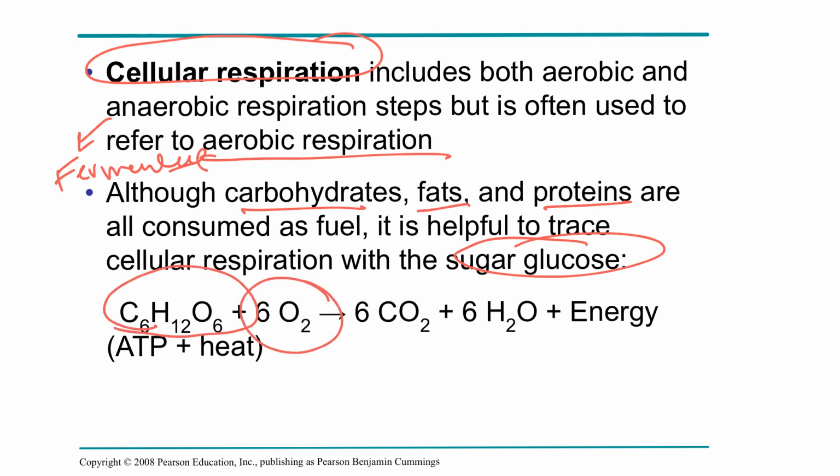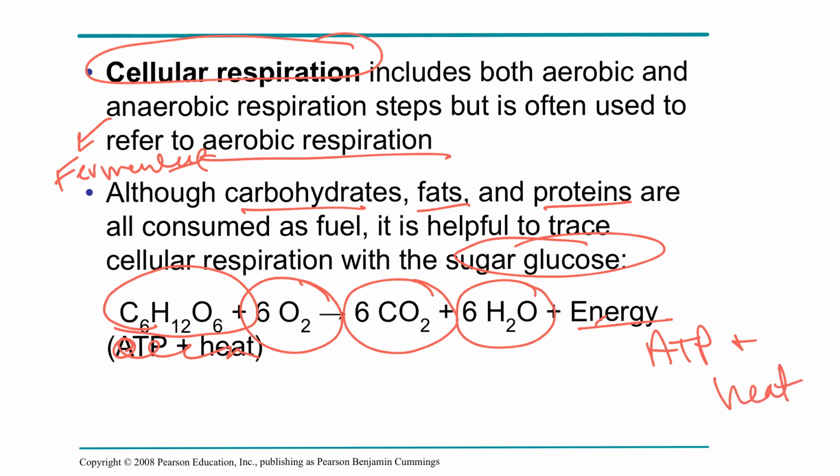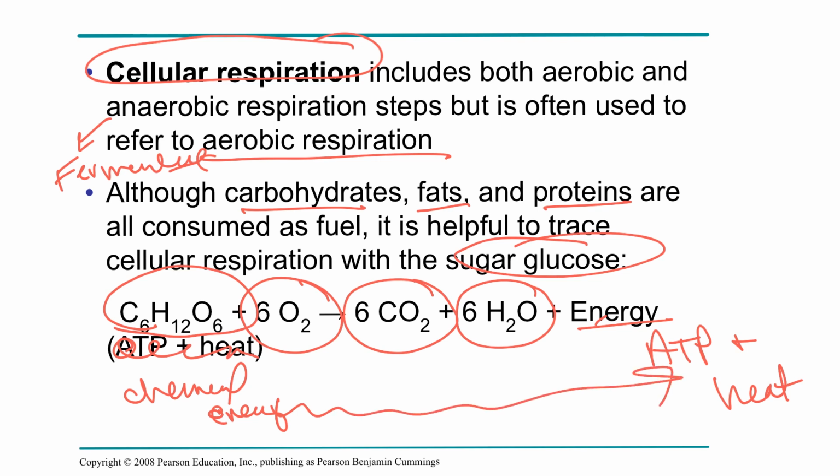Glucose plus 6 oxygen yields 6 CO2, 6 water, and energy. And actually that ATP should go over here. So the energy is in the form of ATP and of course heat, because every time we transfer energy, from the chemical energy that is in the glucose to the chemical energy in the ATP, I'm going to lose some heat, right? I'm going to lose some energy because of the second law of thermodynamics.